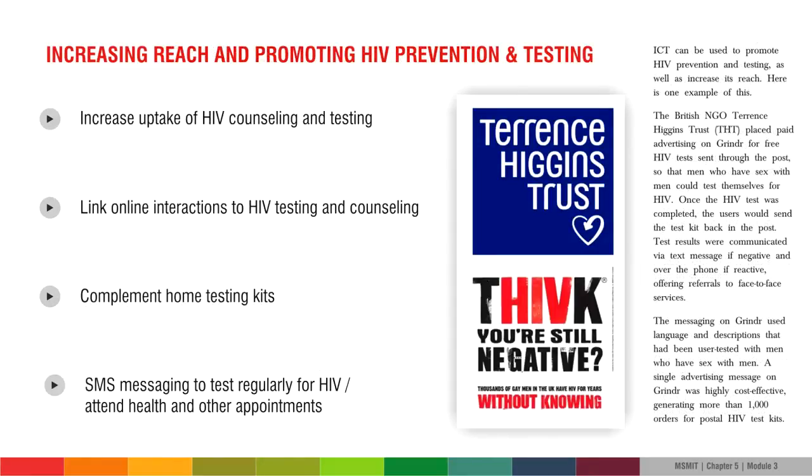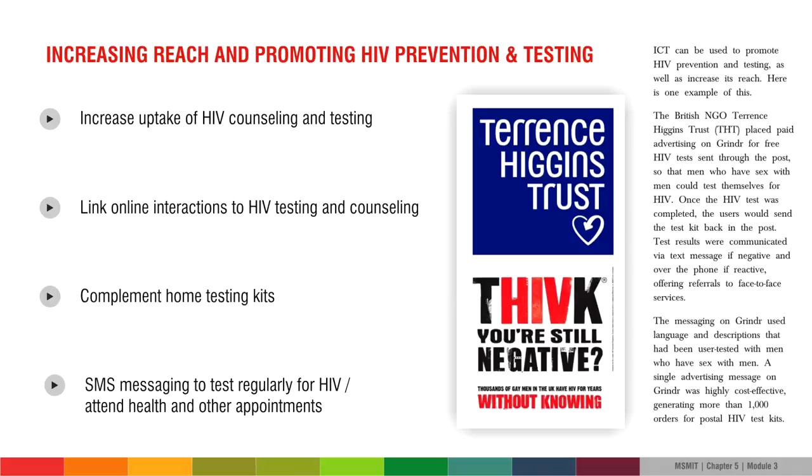ICT can be used to promote HIV prevention and testing, as well as increase its reach. Here is one example of this. The British NGO Terence Higgins Trust, THT, placed paid advertising on Grindr for free HIV tests sent through the post, so that men who have sex with men could test themselves for HIV. Once the HIV test was completed, the users would send the test kit back in the post.